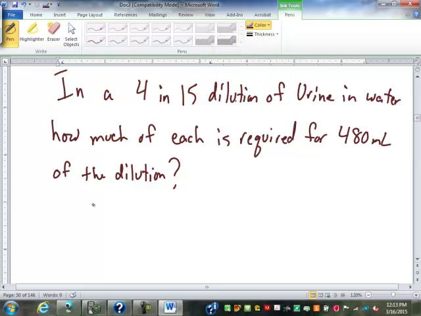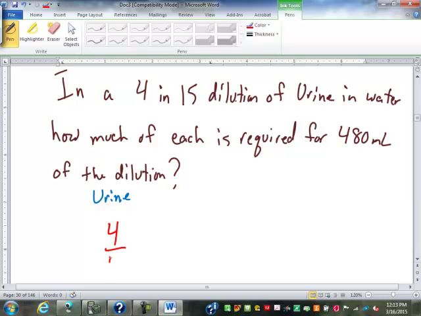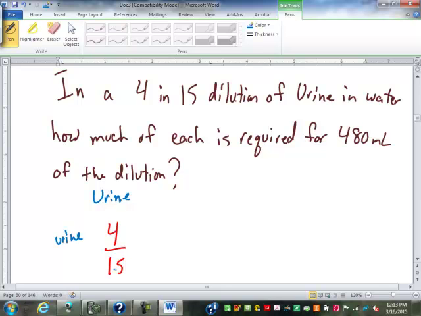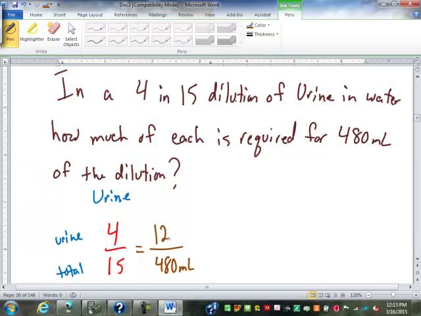We have the urine, the amount of urine needed. Well, the ratio there is just the dilution, 4 in 15. The 4 represents the urine, and the 15 represents the total. So we can just put in the 480 milliliters is the total, cross multiply and divide. 4 times 480 divided by 15 is 128 milliliters. So 128 milliliters of urine.